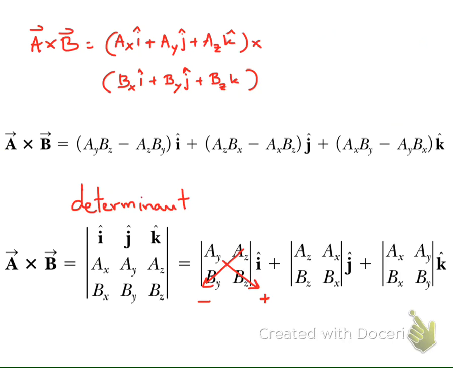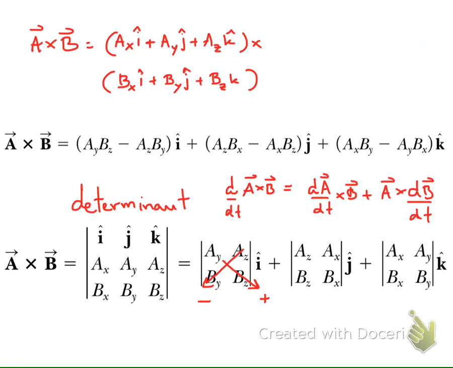Also you can see that from this representation of A cross B, you can get the derivative of A cross B is equal to the derivative of A cross B plus A cross the derivative of B. This is quite simple and straightforward if you do the derivative of this expression.